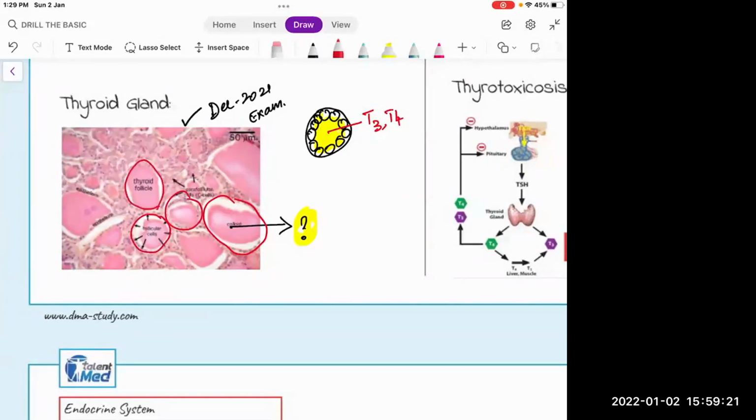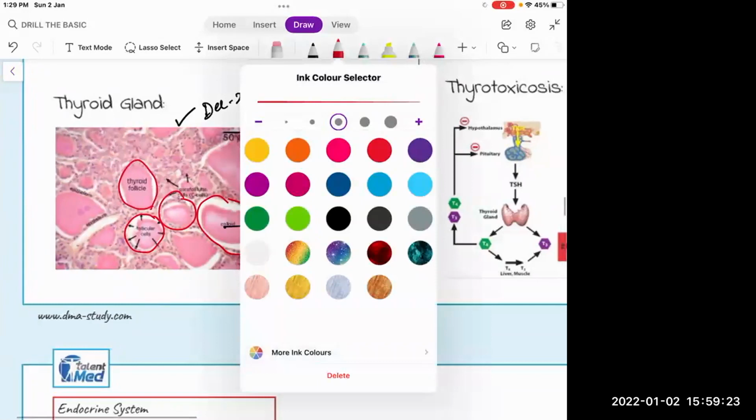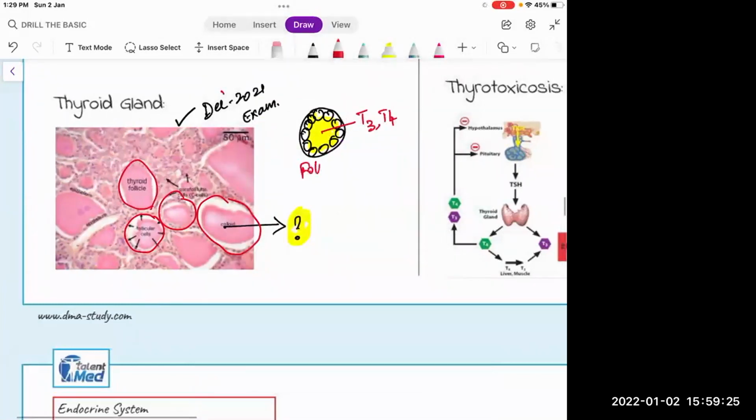And you also have the parafollicular cells. So this is the follicular cell, this is the colloid. So they are involved in T3, T4 secretion. The option is like thyroxine, I think. So this is the exam question. Okay. And they have asked what is the hormone produced.